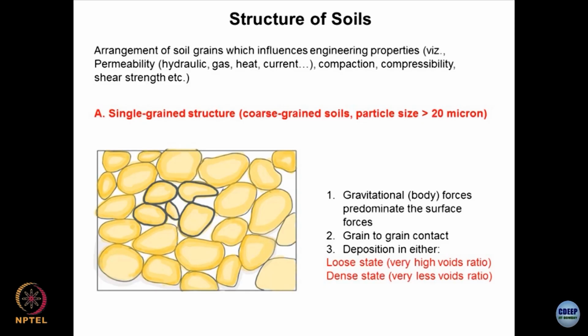A quick example of this type of structure would be the filters which you create in the swimming pools. Most of the filters are created by using granular material. So, there you wanted to filter the water. So, most of the filters which are used in engineering practices are made up of sand beds, single particle, clear.